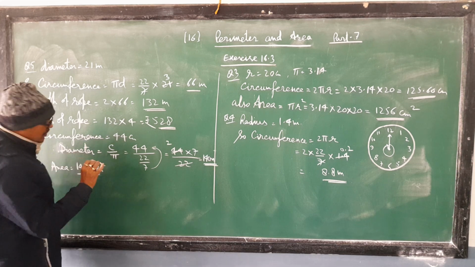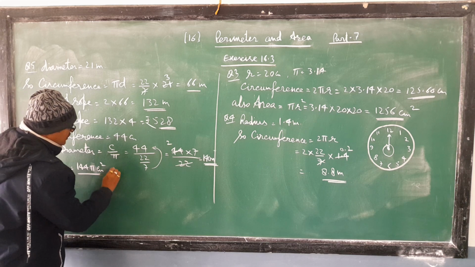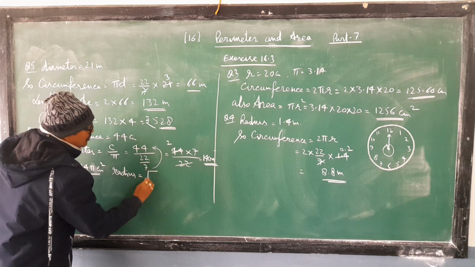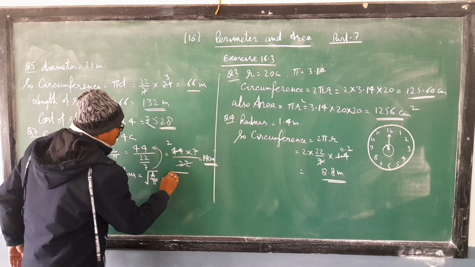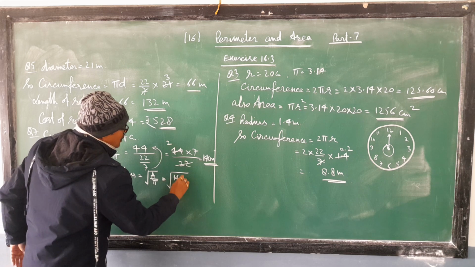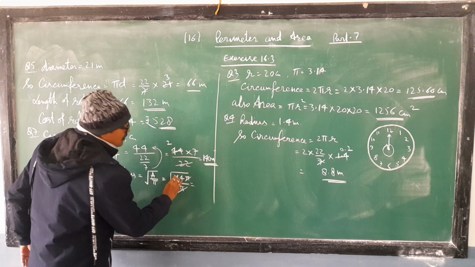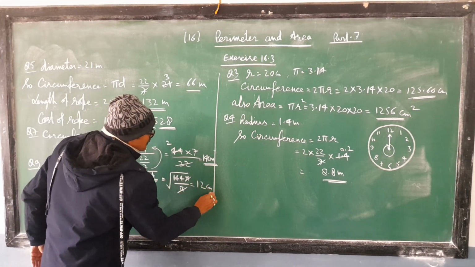This is given. So see, you know that radius is equal to square root of A upon pi. 144 pi upon pi, then pi cancels. Square root of 144 is 12 centimeter.